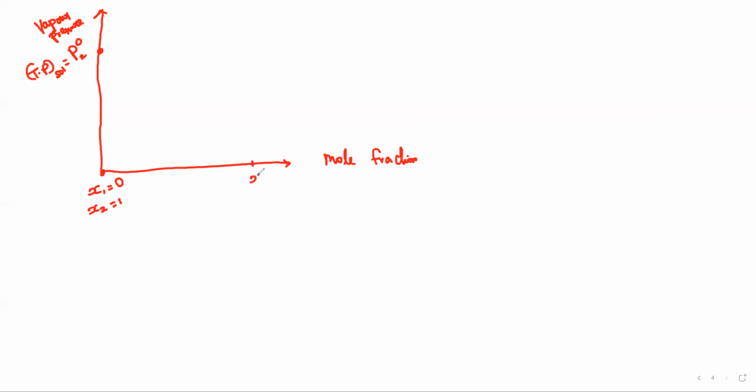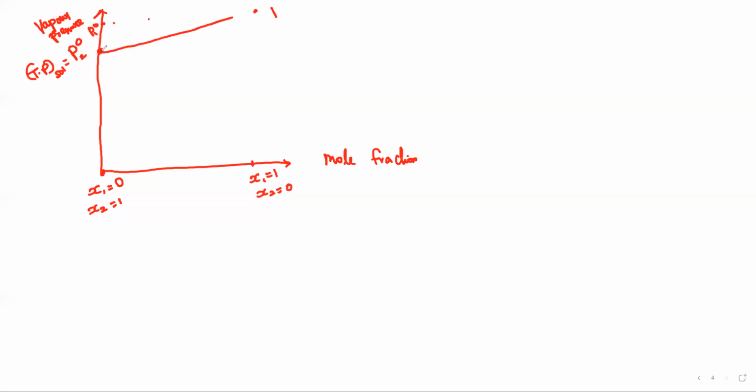When x1 is equal to 1, that means you have only pure solvent. There is no solute, no second component. So in that case, the total pressure must be equal to the vapor pressure of the first component.